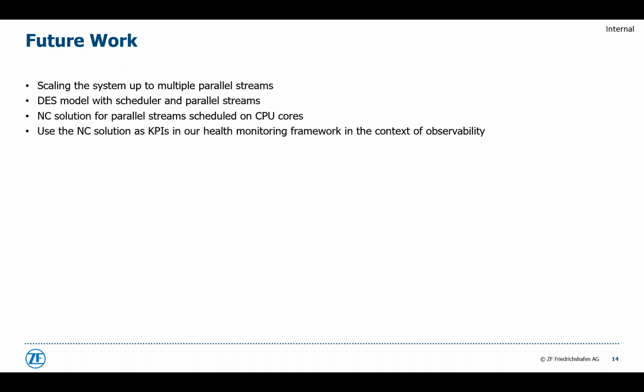And what else we want to do is to use the network calculus solutions as KPIs for our health monitoring framework, in the context of observability of our systems when they run in a HIL farm, and there are multiple of them running, so that we can do performance tests all the time, and calculate some risk of having overflows in our RAM drives or at the last buffer, and also calculate the minimum needed delay to pre-buffer the data.